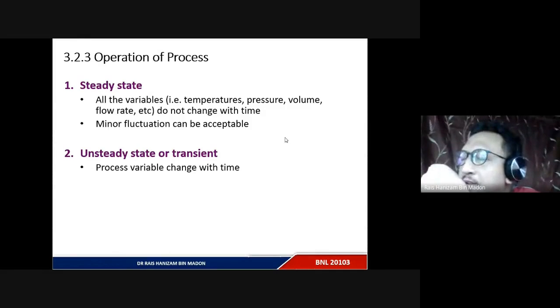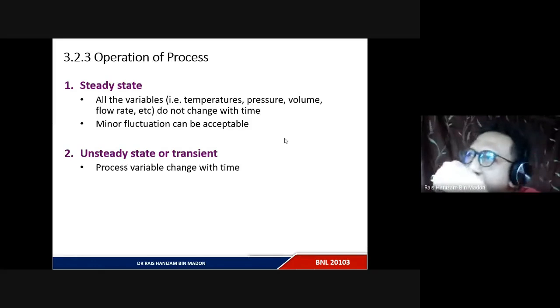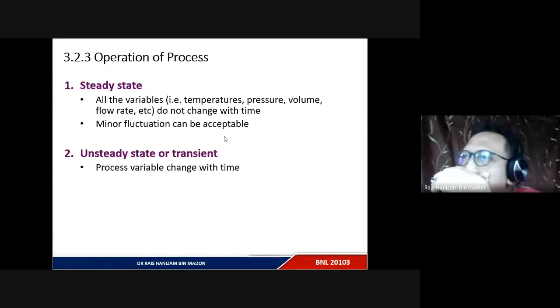Kalau dalam piping tu, theoretically kalau kita kata 500 mil per second, by default sebab fluids punya flow ada disturbance, so dia akan ada tolerance. So maybe 500 mil per second plus minus 20 mil, macam tu contoh. Tapi kita boleh assume dalam piping tu fluids yang mengalir ialah steady state.